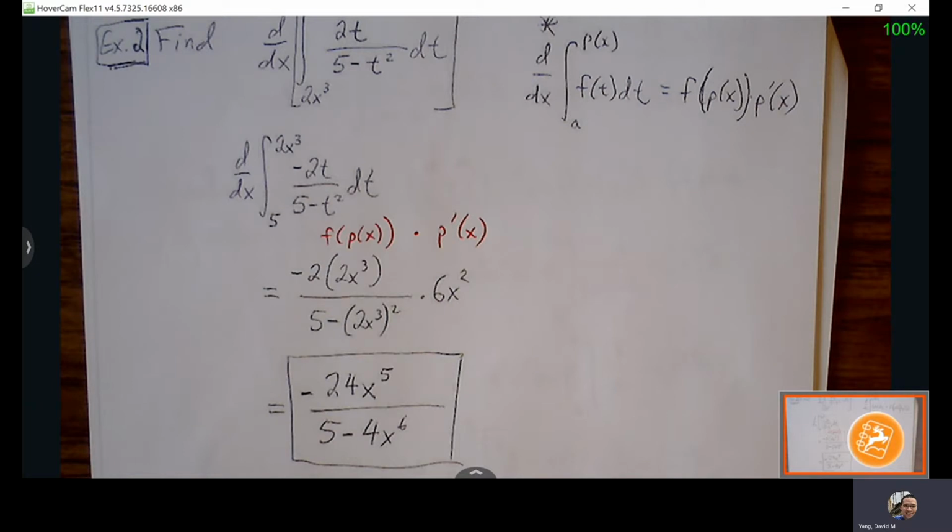Okay, so you guys can try 43. For 43 and 49, I just want you to find the average value.